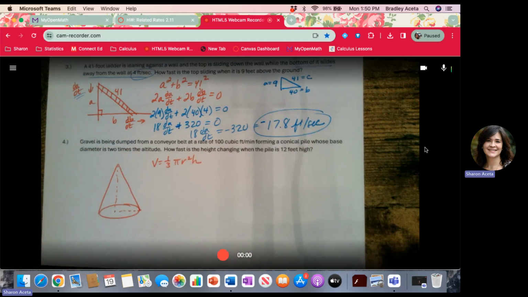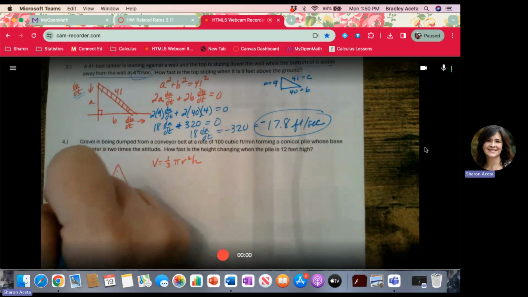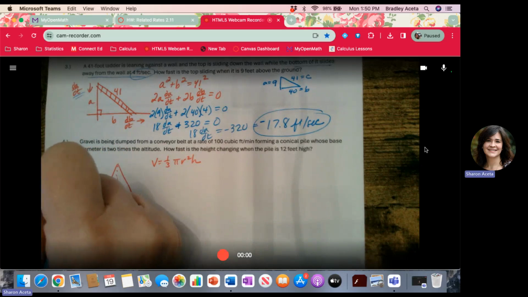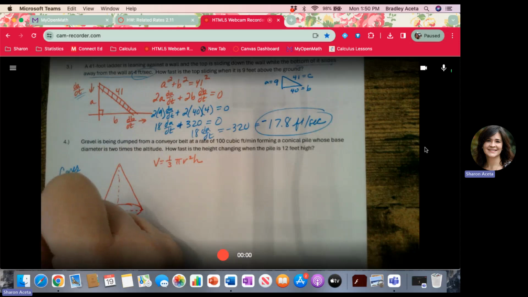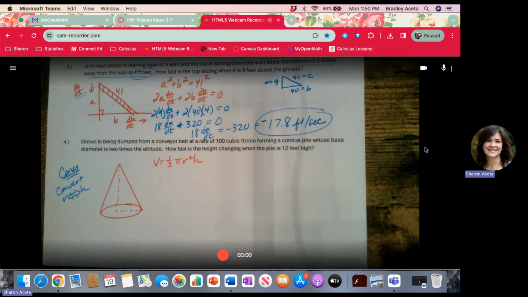Now, just a little side note, you might want to make note of this. For cones, the best thing to do is to convert your r to h or your h to r. Convert all the radius to heights or convert all the heights to radiuses. Now, what does that mean? Well, they told you something here.